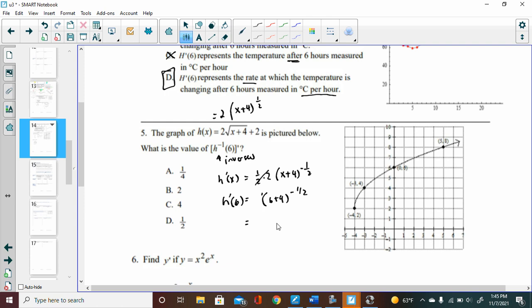That's going to be 6 plus 4, 10, to the negative 1/2. Right? So that's going to be 1 over the square root of 10. So I could get that.